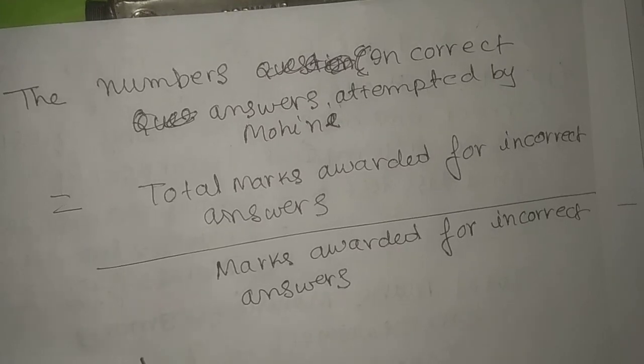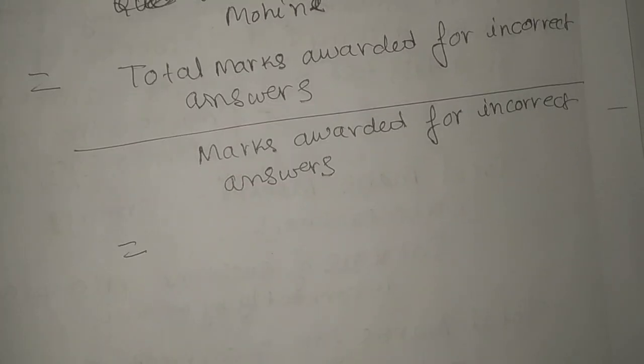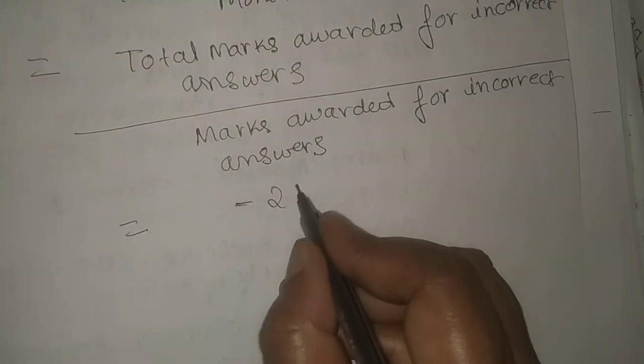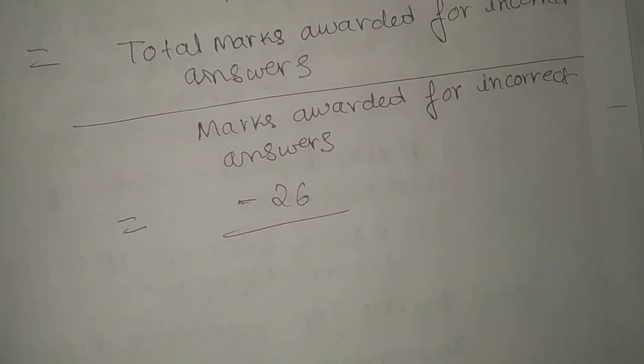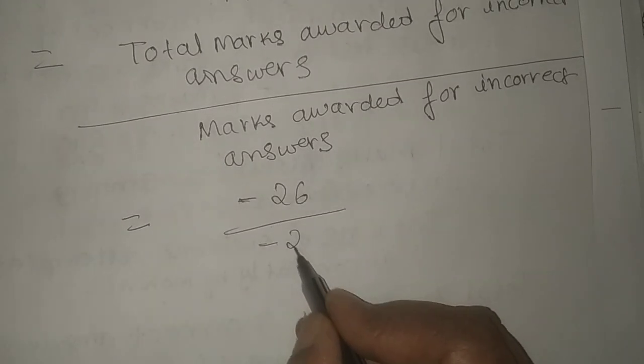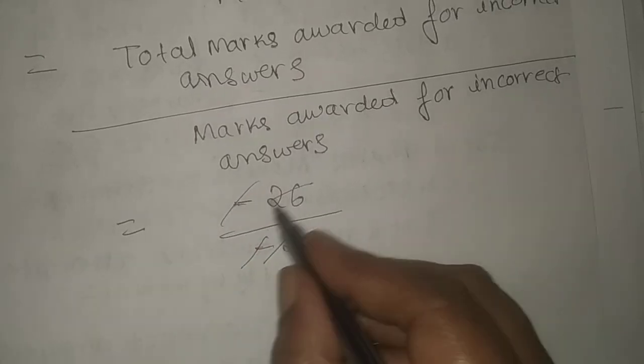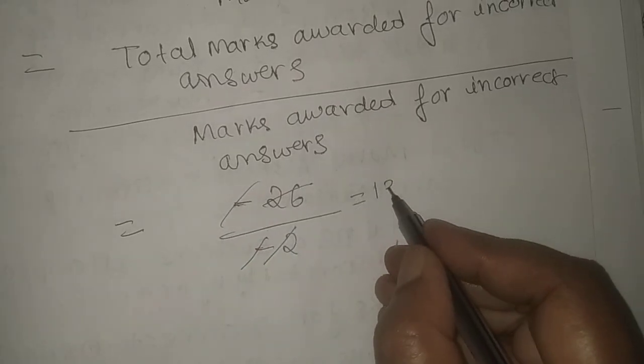So the total marks awarded for the incorrect answer was -26. Then marks awarded for the incorrect answer is -2. Minus cancel. 2 13s are 26.